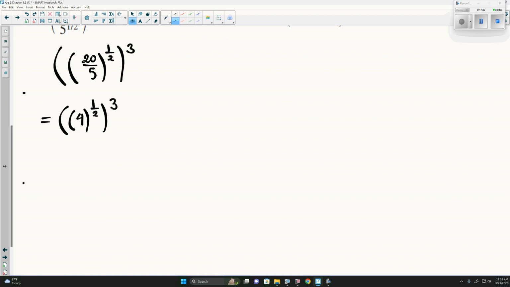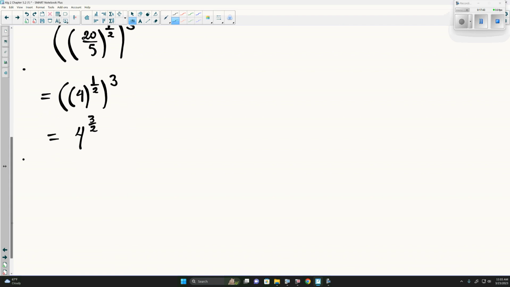Now we can multiply our exponents together, which would give us 4 to the 3/2. But before we say this is officially finished, can we rewrite 4 as a number times itself? 2 squared. So we have 2 squared to the 3/2.